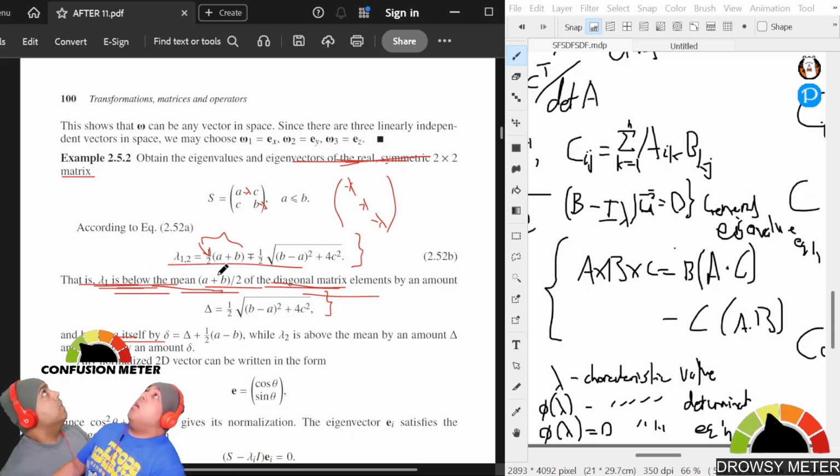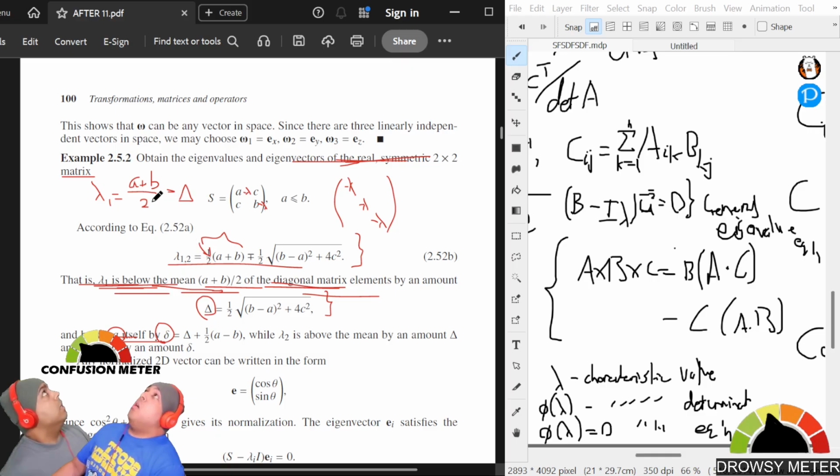Lambda 1 is below this guy by this guy. So lambda 1 equals A plus B on 2 minus triangle, and below A itself by delta.